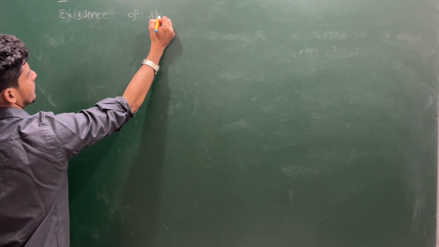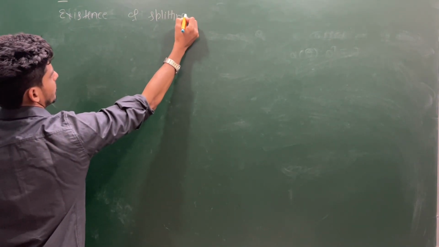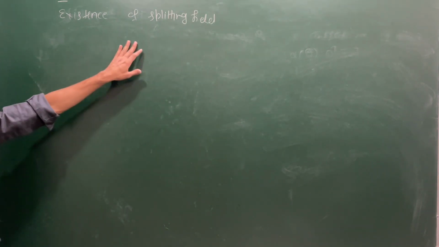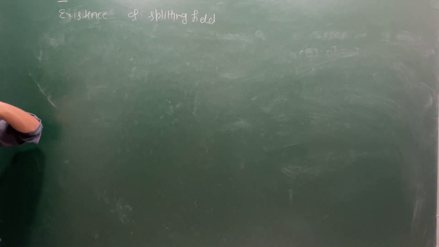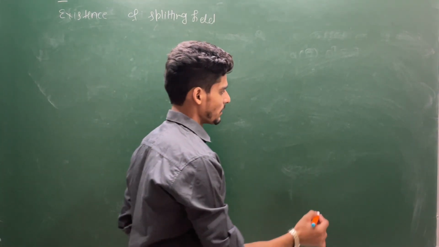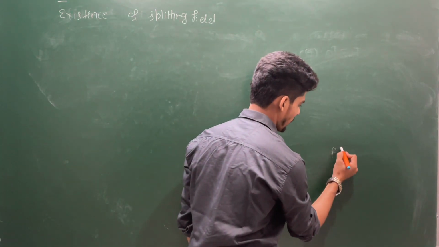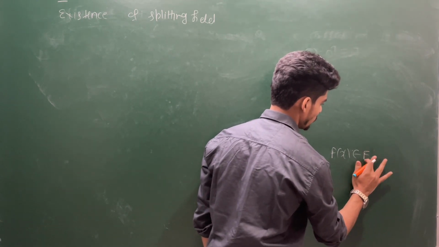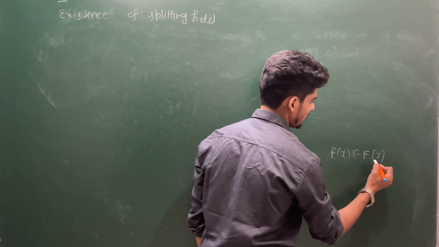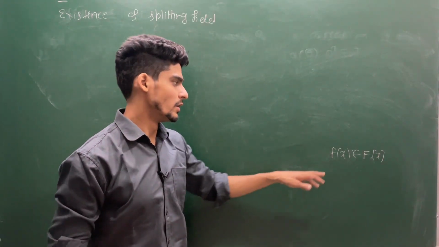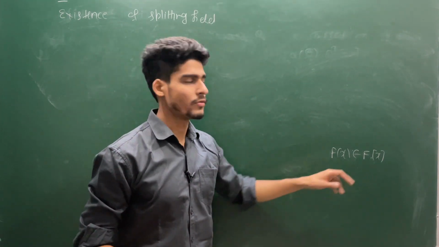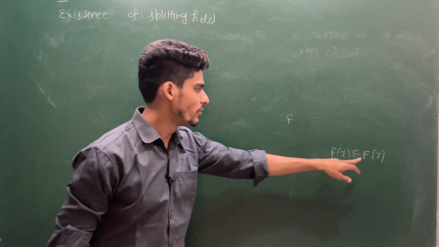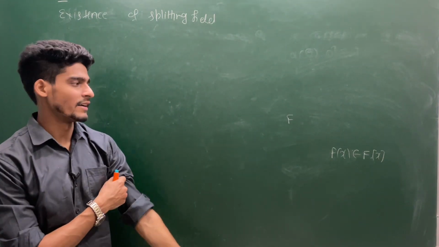Existence of splitting field. Before proving, let us observe what is the idea behind this. Suppose you are having a polynomial f(x) which belongs to your base field, defined over F. So you are having a base field, say F, and you are looking for an extension of F in which this f factors completely.